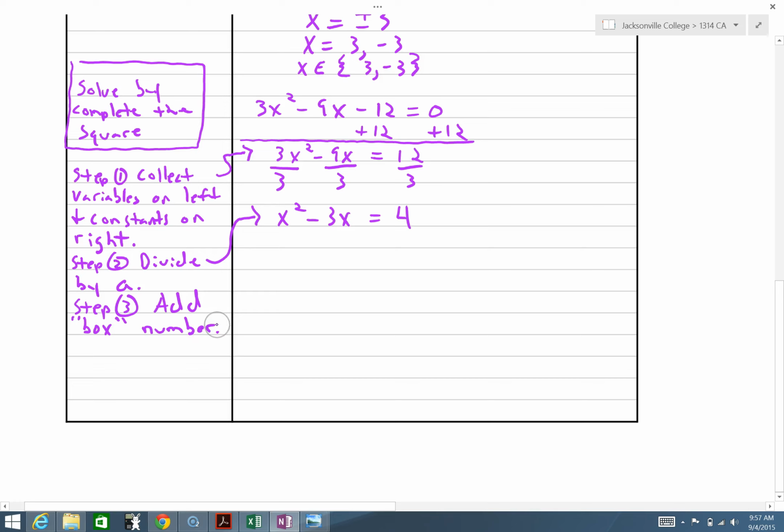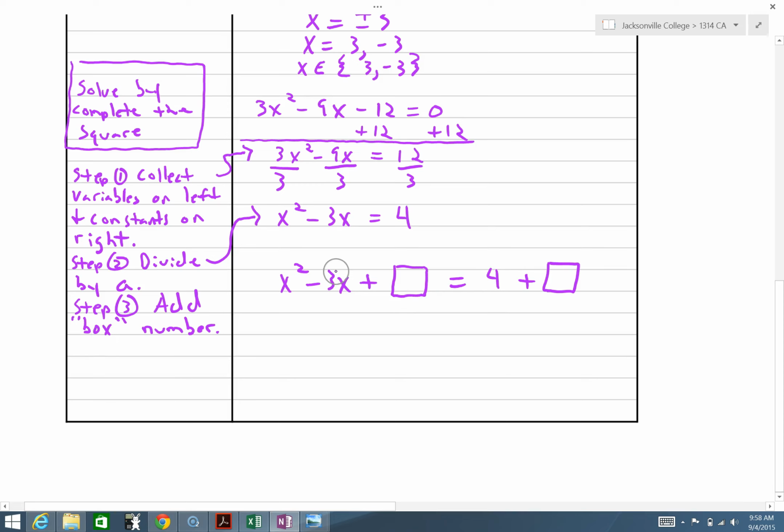So at this time, I'm going to take this statement, x squared minus 3x equals 4, and I'm going to add a box on both sides. X squared minus 3x plus box on the left equals 4 plus box on the right. Whatever we add to one side, we add to the other.